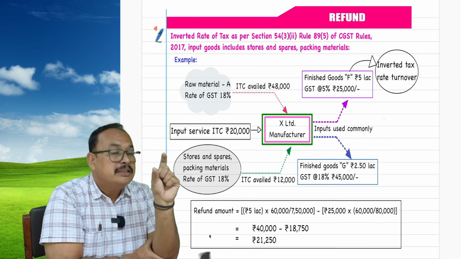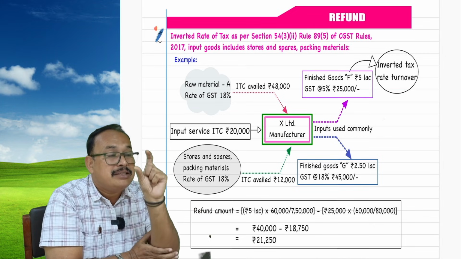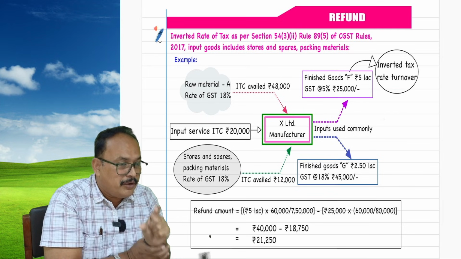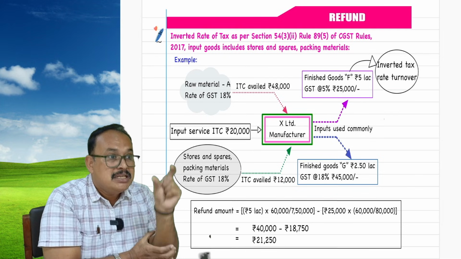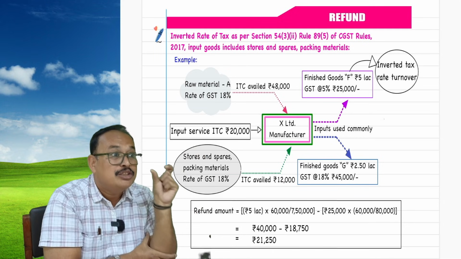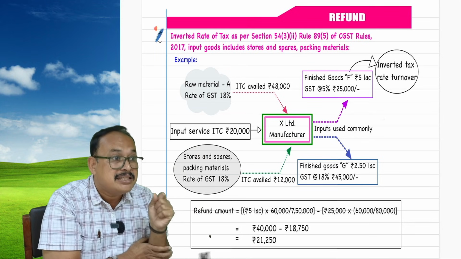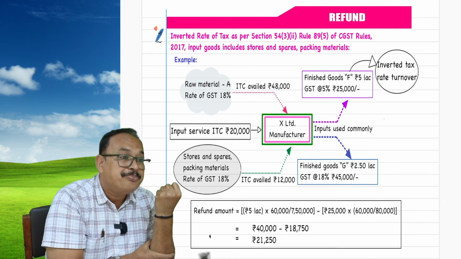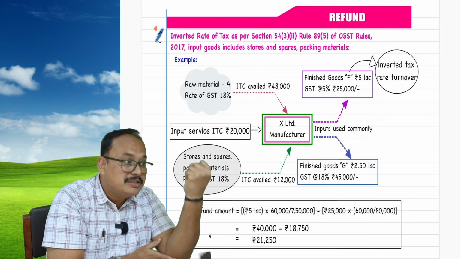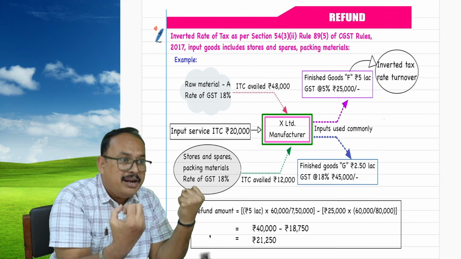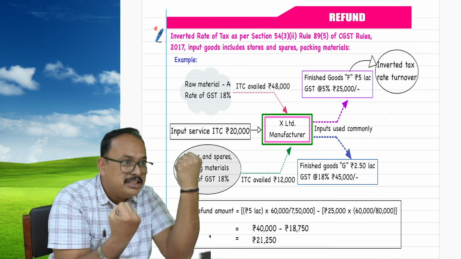So tax on inverted turnover, 5% of 5 lakhs, 25,000, multiplied by net credit on input goods 60,000 divided by total credit on input goods and input services 80,000. How much comes to B? 18,750.